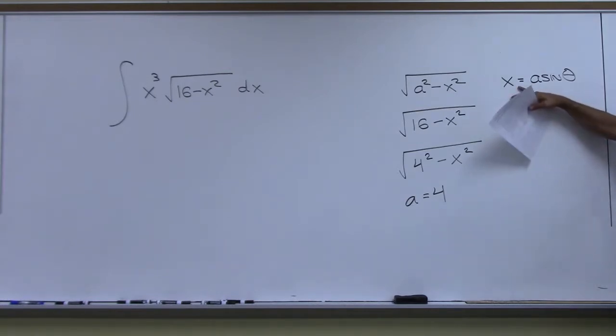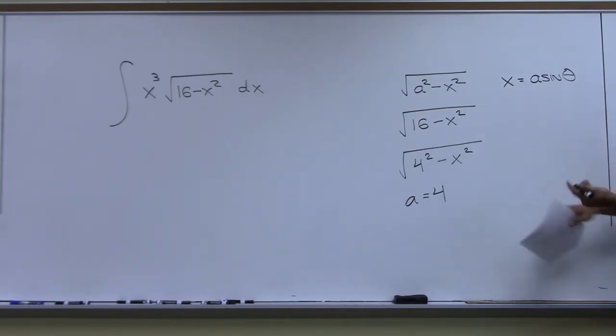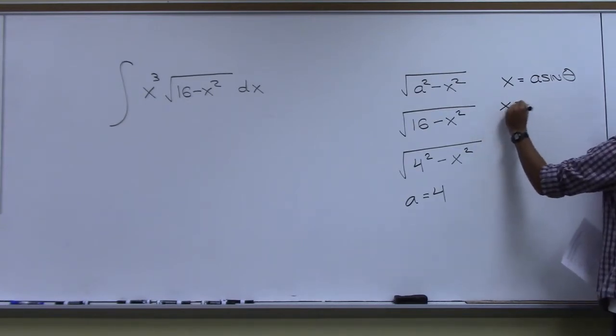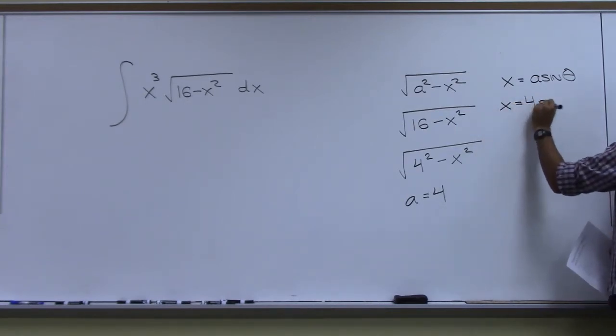For us, what is a? 4. So we're really going to be making a substitution, x is equal to 4 sine theta.